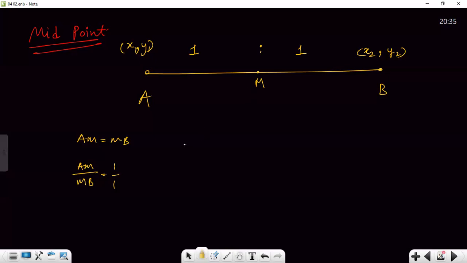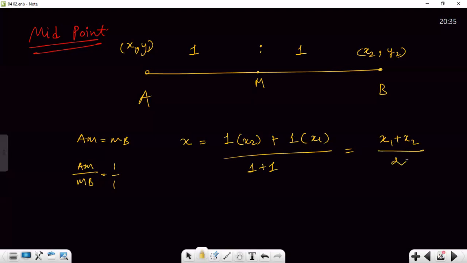Let's now find out the vertex of the midpoint. So x is m1 into x2 plus m2 into x1 divided by m1 plus m2. That will give us x1 plus x2. I'm writing x1 first, just for the convenience of understanding.